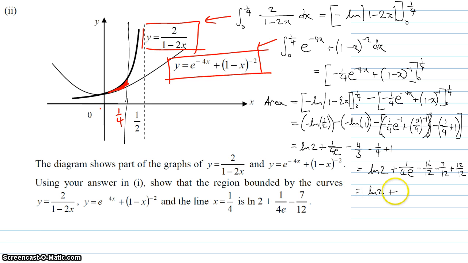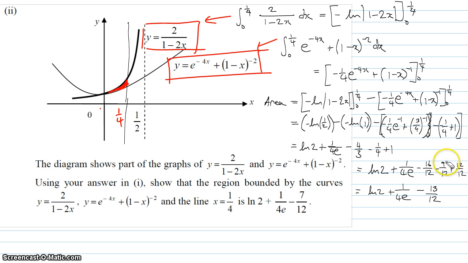So ln 2 plus 1 over 4e, minus 16 minus 9 is minus 25, plus 12 will be minus, hold on, did I get this right with 9? That would be minus 13, which isn't quite right, so there's a mistake somewhere, hold on.